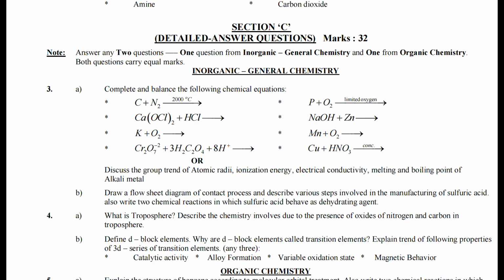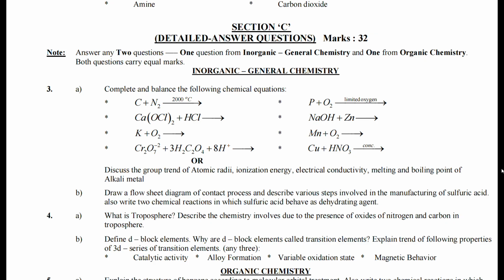Keep that in mind that when you attempt the question, and you select the question that you want to write down, you have to write both the parts. For example, for this inorganic chemistry, you have question number 3 and question number 4.